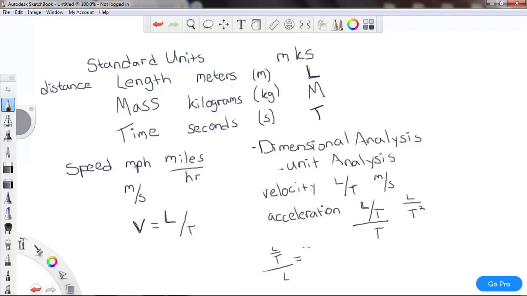This should be a T on the bottom, not an L. My apologies. So it's L over T times 1 over T. When you're dividing by something, it's the same as multiplying by 1 over that thing. So we end up with acceleration looking like L over T squared. That would mean its units are meters per second squared. I'm going to put up a clean slide here in a minute, and we'll go through an example so that we'll look at how dimensional analysis helps us to check our equations.